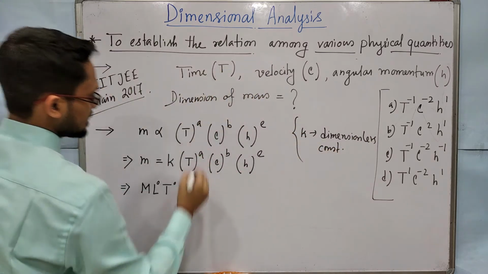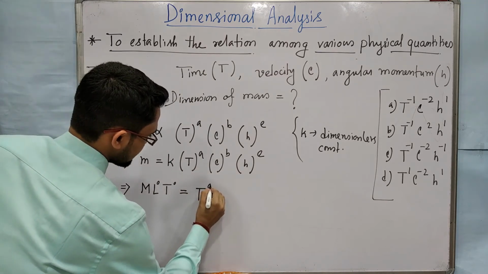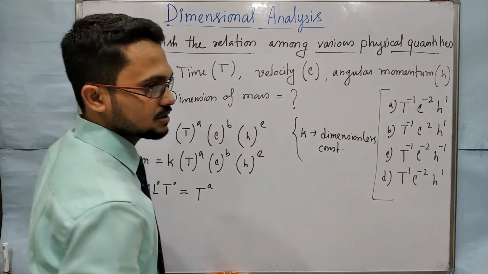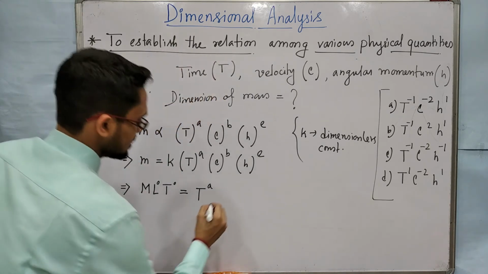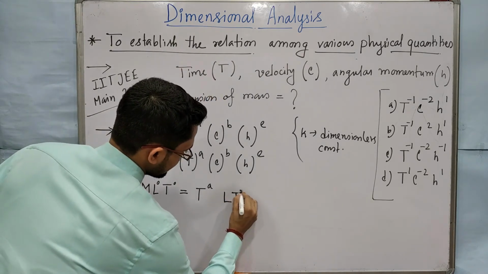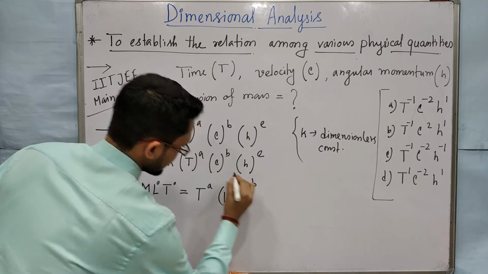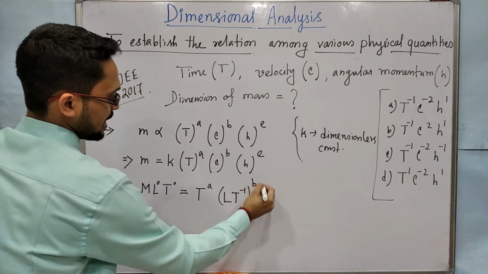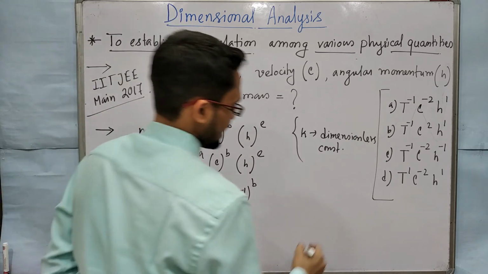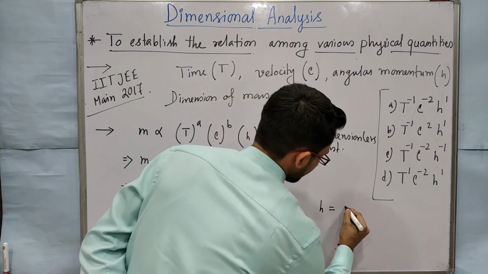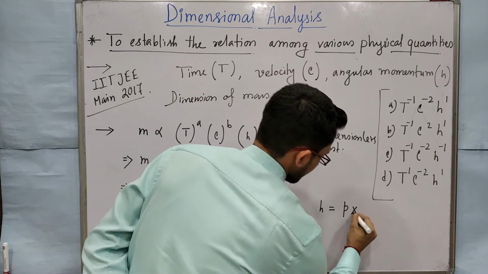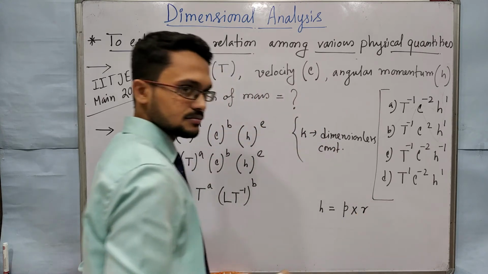Now T is time, so T to the power A. C is velocity. Velocity has dimension LT minus 1, to the power B. And H, angular momentum. Angular momentum is linear momentum P into distance.